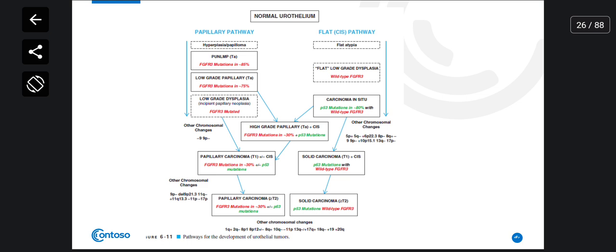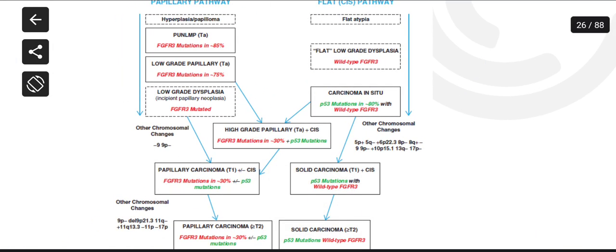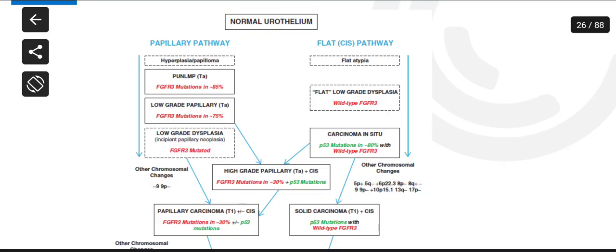Carcinoma in situ with acquired p53 mutations, and if there is an FGFR mutation, will go into high-grade papillary, or with other chromosomal changes like 5p, 9p, 13, 17, it might go into solid carcinomas. Also, there is one more pathway: hyperplasia or papilloma go into low-grade papillary lesions, then high-grade papillary or carcinoma in situ.